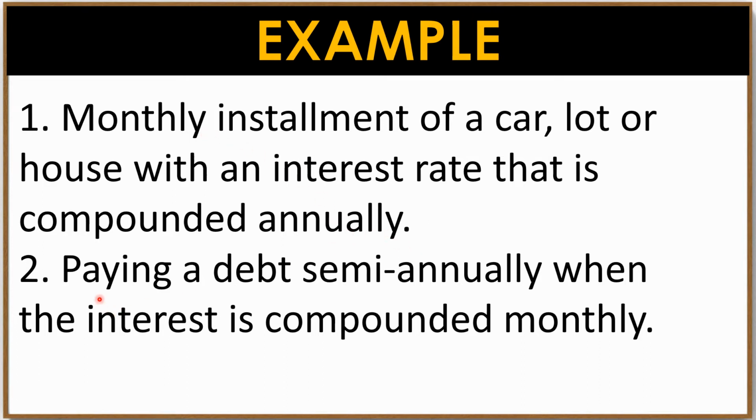In our second example, we have paying a debt semi-annually when the interest is compounded monthly. So here, class, payment period is semi-annually, but the compounding period is monthly. They have difference. Okay?